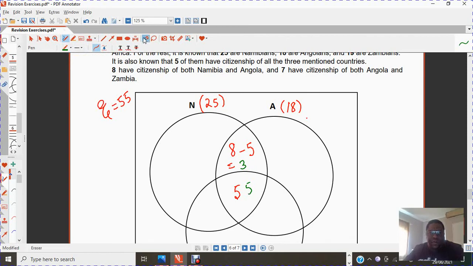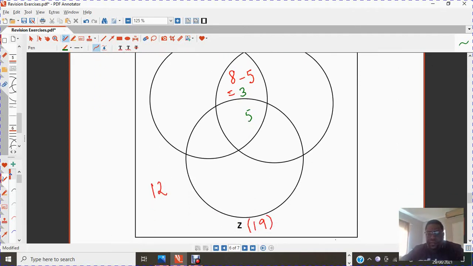It's very important that you subtract that 5, so that you know that in there you should only have 8. That is Namibia and Angola, both Namibia and Angola. And again, 7, Angola and Zambia. So for Angola and Zambia there should be 7.